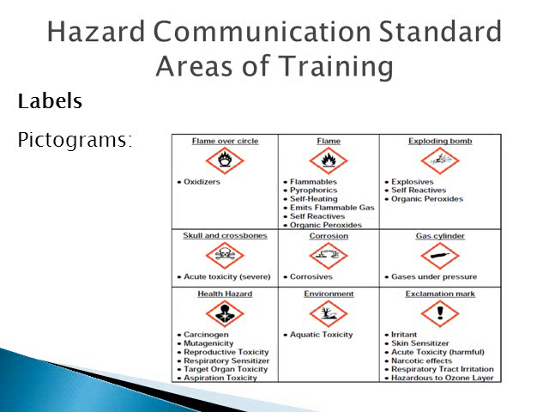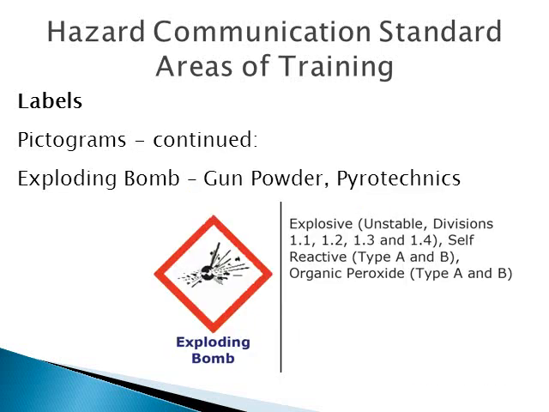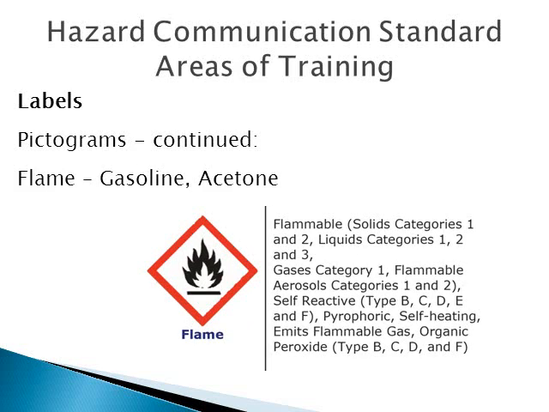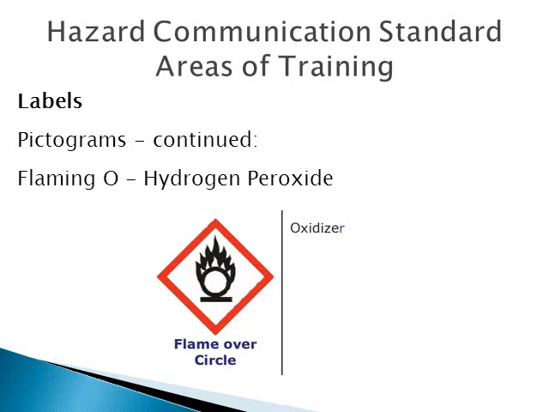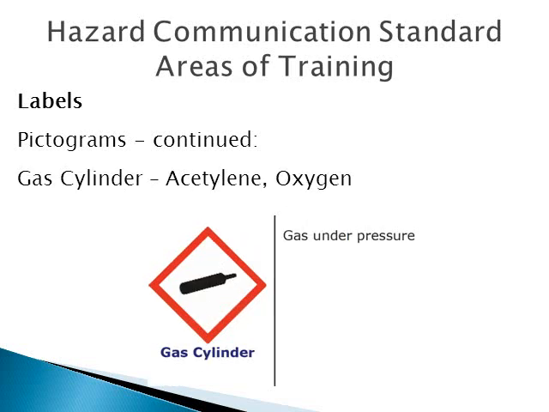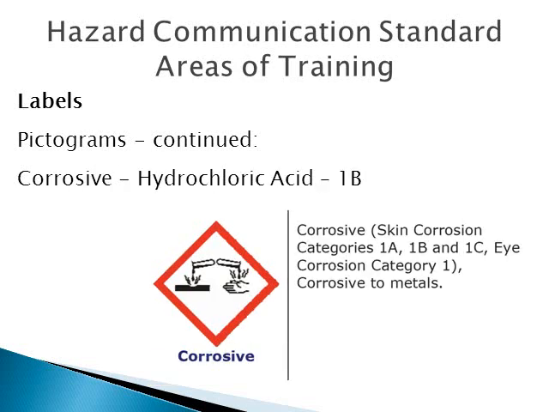The pictograms are as follows: exploding bomb, which includes gunpowder and forms of pyrotechnics; flame, which includes gasoline and acetone; flame over circle, which includes oxidizers such as hydrogen peroxide; gas cylinder, which includes acetylene and oxygen; corrosives, which includes chemicals that corrode skin, eyes, and metals.